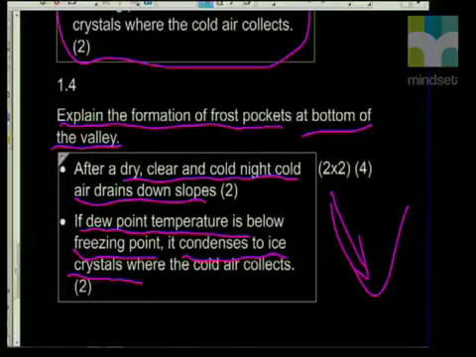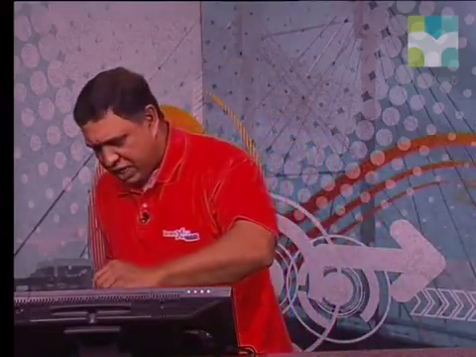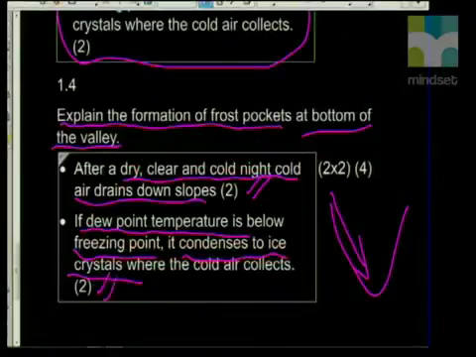And that's how you get your frost. So we're going to look at it here. 2 marks. Remember, if it was above freezing point, obviously no ice crystals are going to form. Below freezing point is your main factor. Okay, that's one on that.